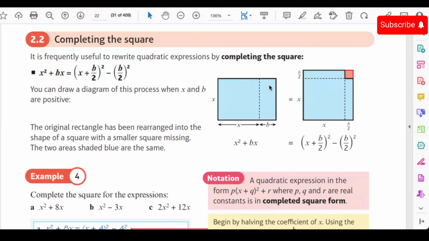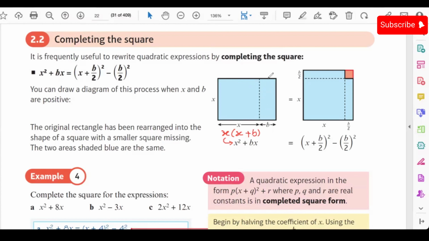For example, we have a rectangle whose width is x and length is x plus b. The area of this rectangle is x times (x plus b), and if we open the brackets, the answer is x square plus bx.